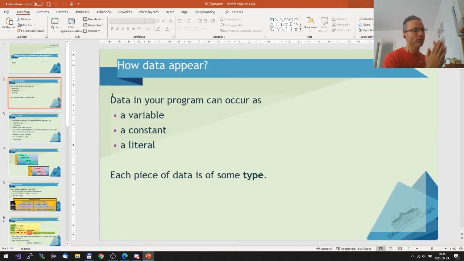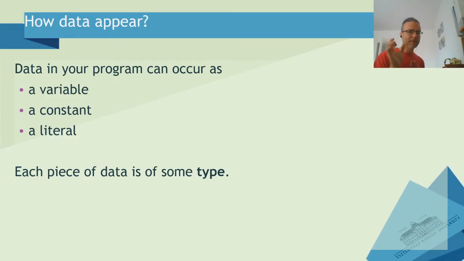So now let's continue with types, because types are really important in your programs. You definitely need data, and every piece of data has some data type. So you should be quite confident about how to use types.